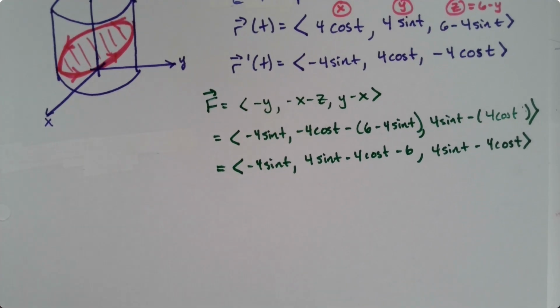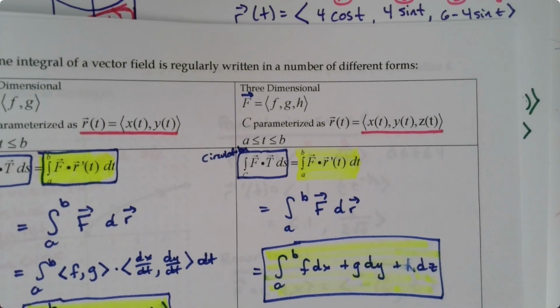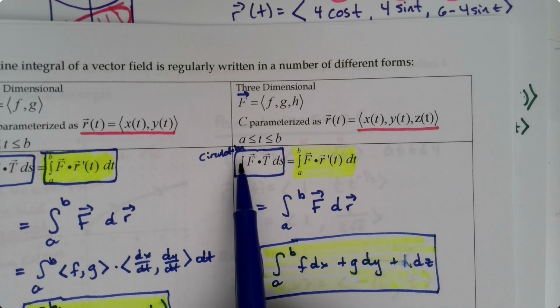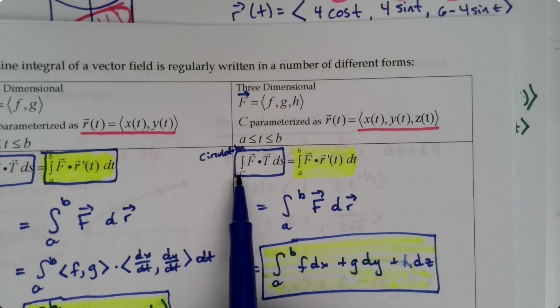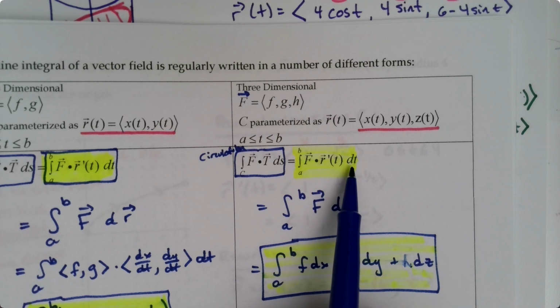All right. Now, where are we going with this? Well, there's circulation. There's a by hand formula that we learned a long time ago in section 17.2 when we first learned the parameterization method. So circulation is the integral over the curve, the line integral of F dot T ds, which is the integral from a to b of F dot r prime of t dt.